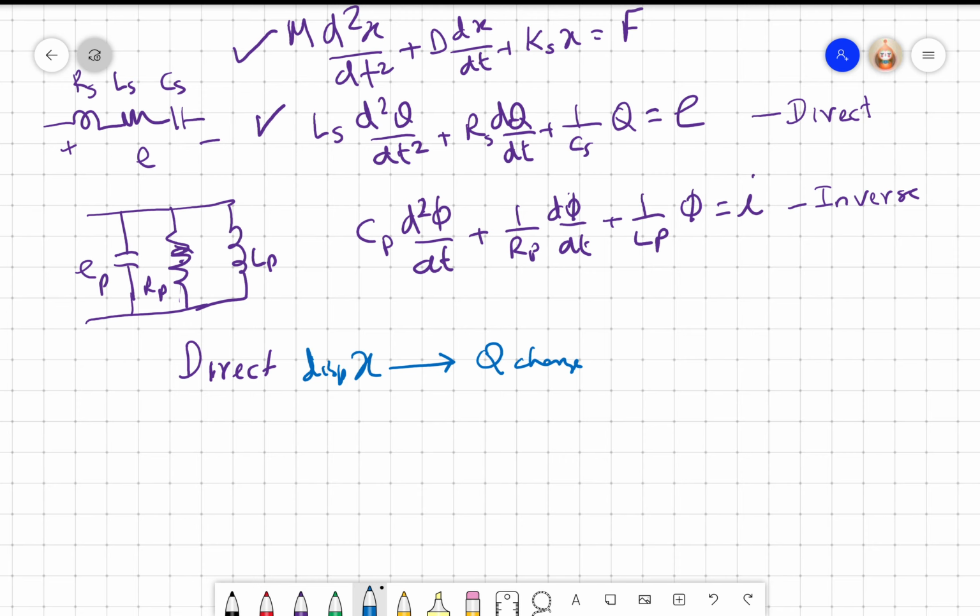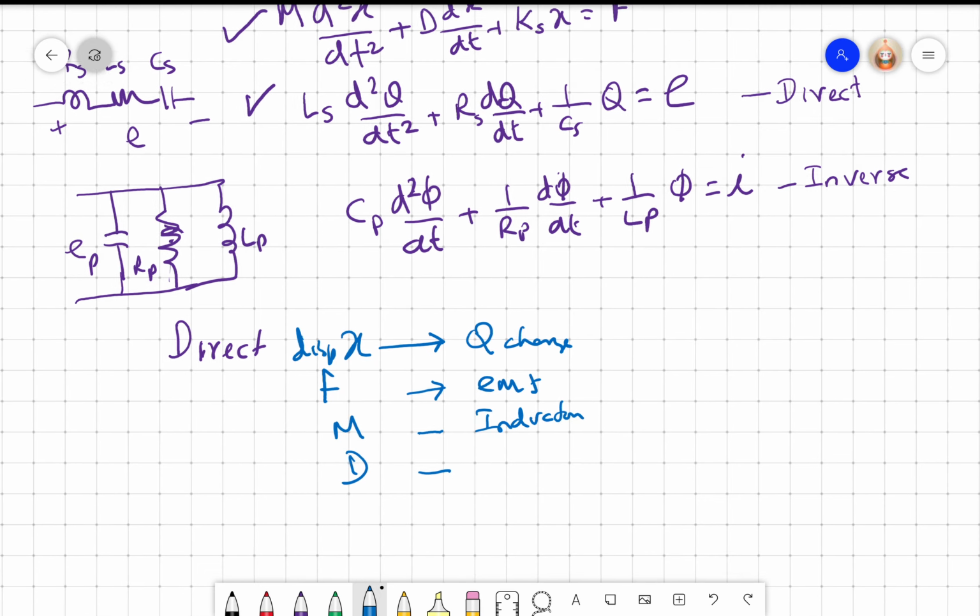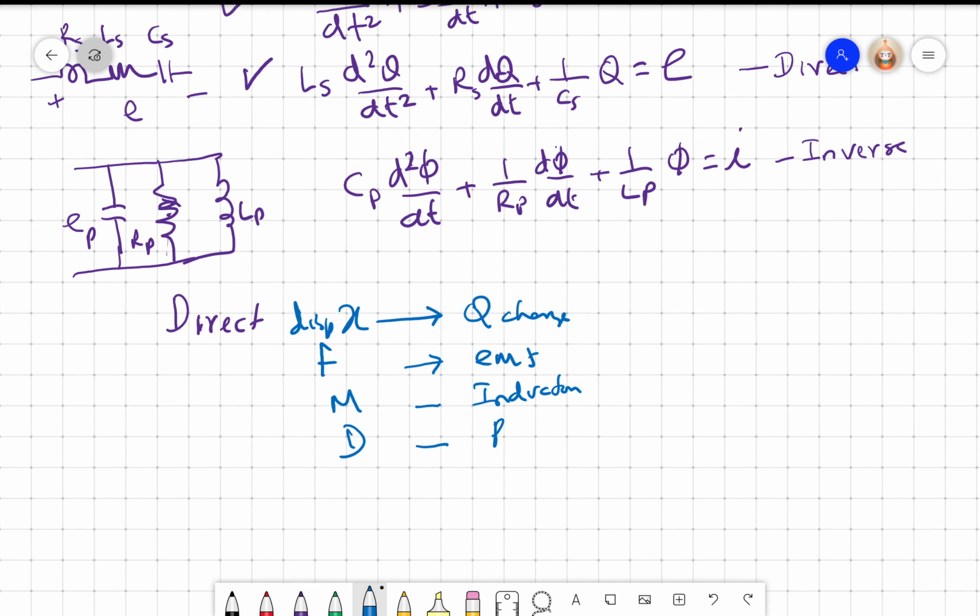Then we have force equal to electromotive force, mechanical force is EMF. Mass behaves like an inductance. The damping, it could be viscous damping, it could be frictional damping, doesn't matter, is resistance. And the spring elasticity becomes 1 by capacitance, right?